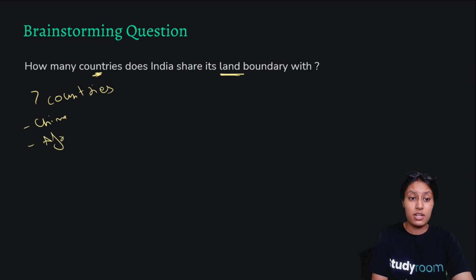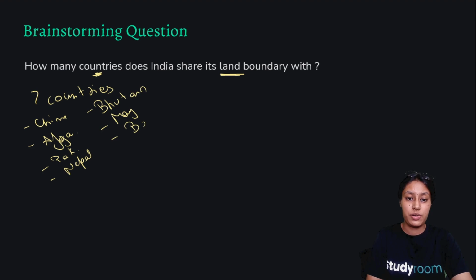We have China, Afghanistan, Pakistan, Nepal, Bhutan, Myanmar, and Bangladesh. 1, 2, 3, 4, 5, 6, 7. So yes, these are the 7 countries India shares its land boundary with.